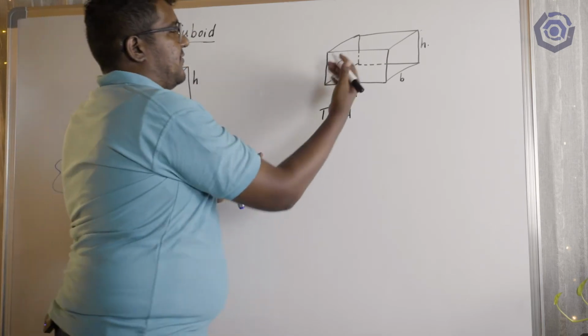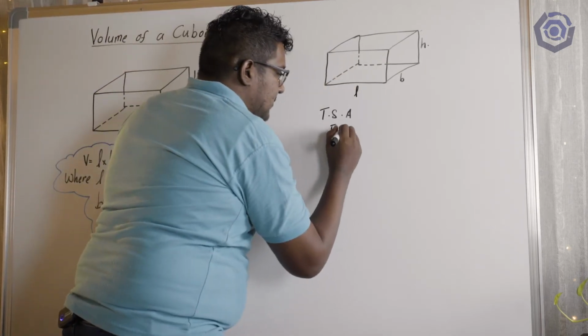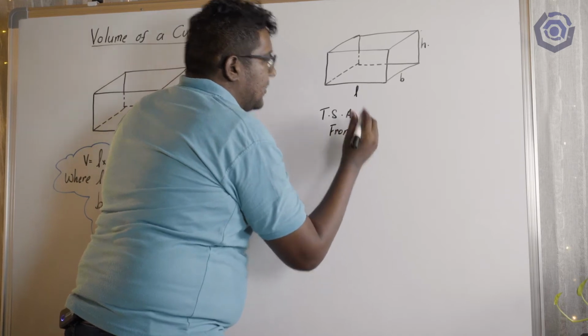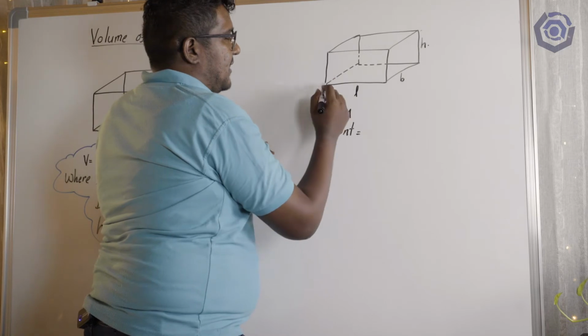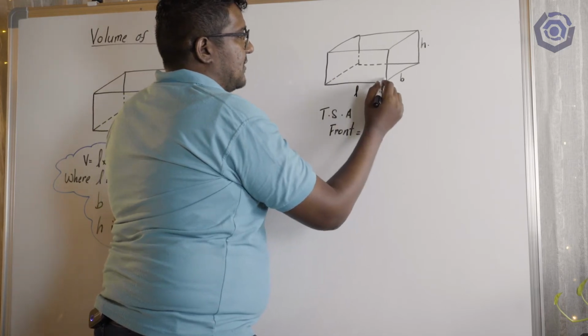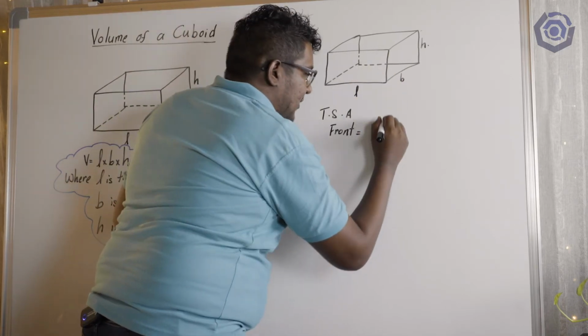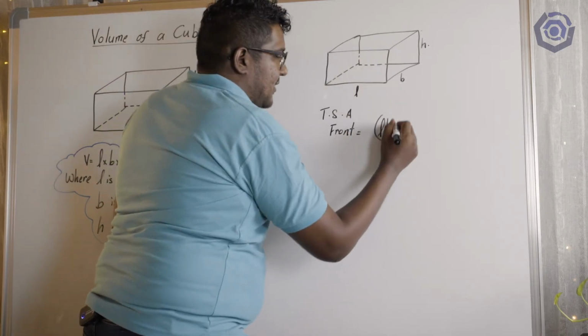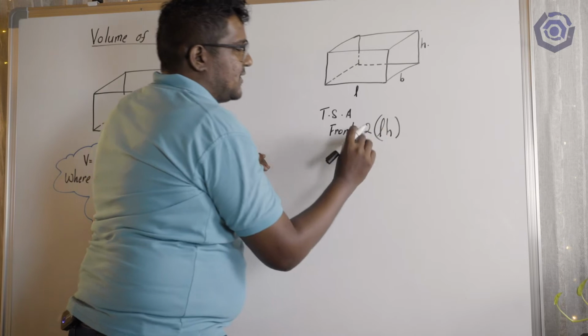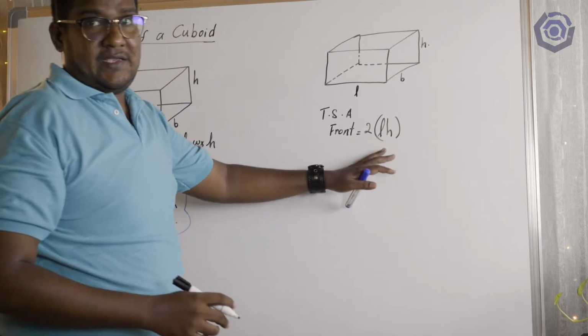Let's start with the front and the back together. The area of the front would be the length times the height, so that would be LH, and since we have the front and the back, we have 2 shapes, so it's 2 multiplied by LH.